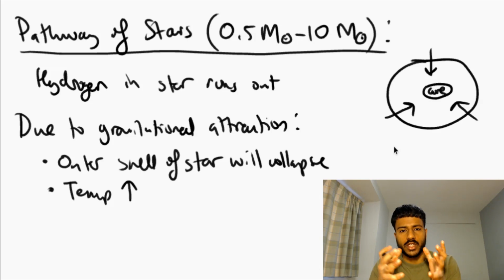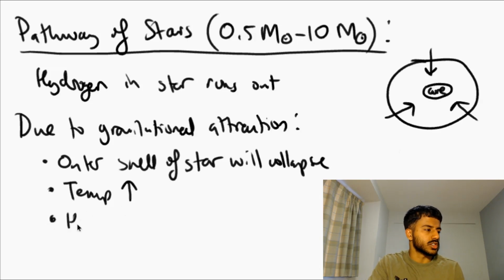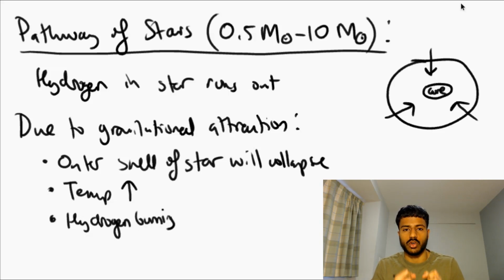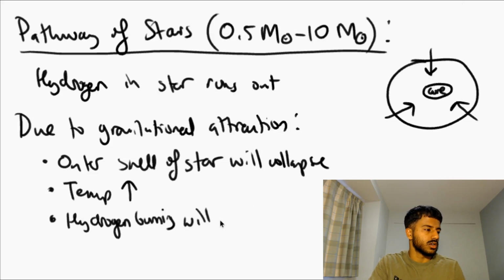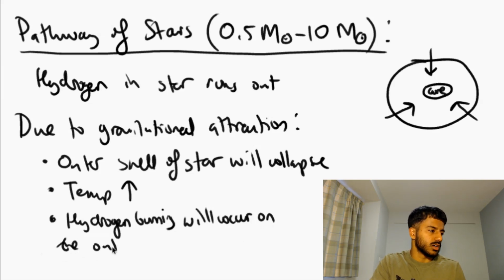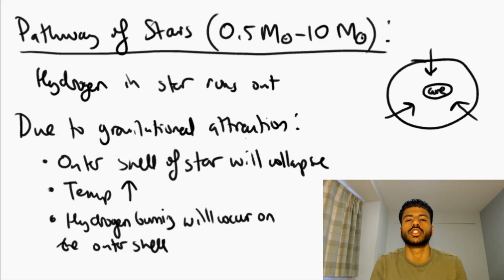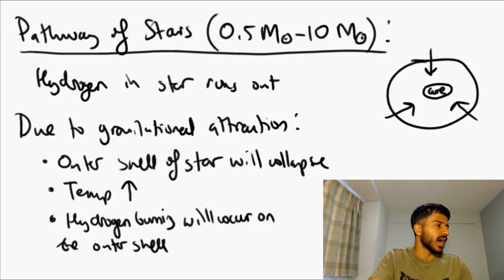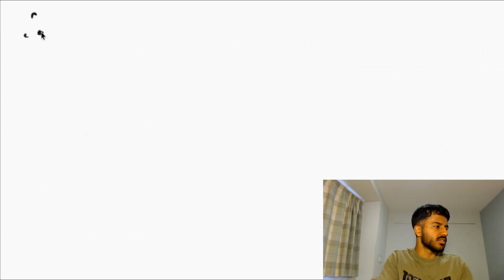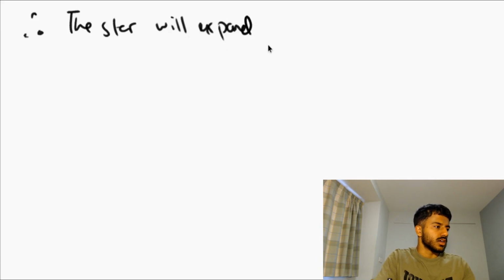And because of temperature increases, we can actually see that hydrogen burning, this is literally just a name for the fusion of hydrogen, will occur in the outer shell. Because we have hydrogen burning or hydrogen fusion in this outer shell, this will therefore now exert a massive radiation pressure, and therefore the star will expand into a red giant.